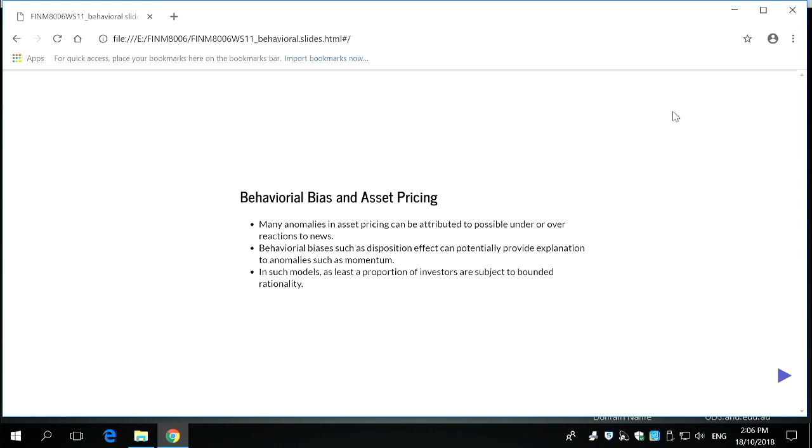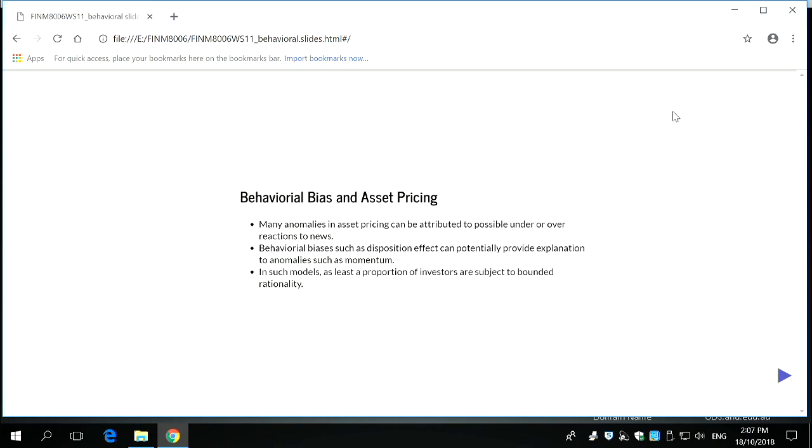People trade not according to the utility in the expected utility sense, but according to whether it's gains or losses in the trade. So one application we mainly talk about is how this disposition effect will affect whether you participate in the market and how much you allocate your risky assets in your wealth.